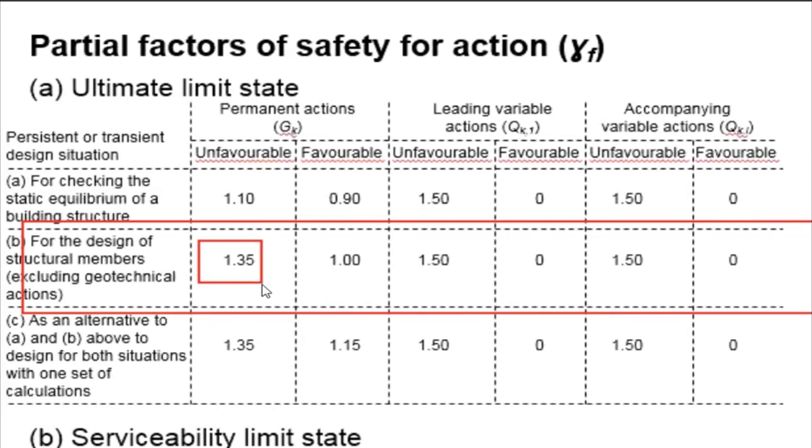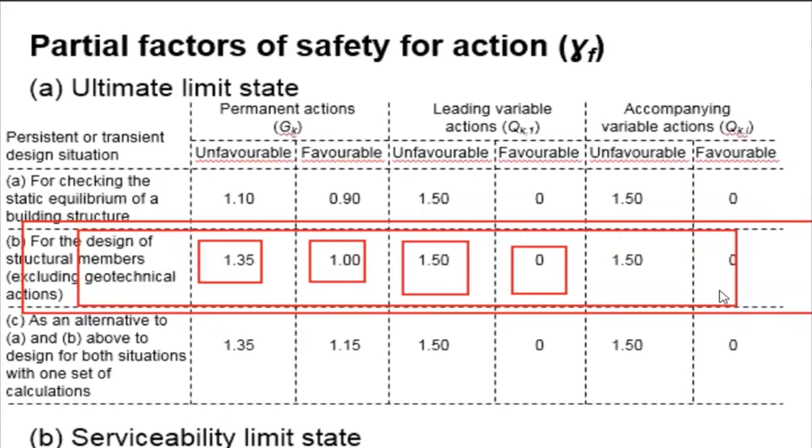Now this is for unfavorable under permanent load or dead load, and this is unfavorable under live load. Always for the favorable live load is 0, and the favorable permanent load as per Eurocode is 1. So this is the most applicable in designing.